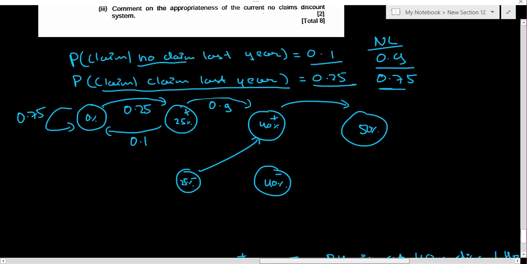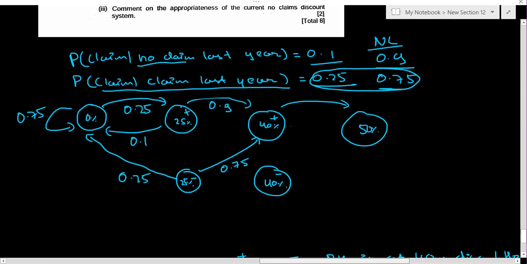That's how you have to remember it. So from 25% minus, you will move to 40% plus, and because minus indicates that you had a claim, these two probabilities apply. If you had made a claim last year, the probability of moving ahead is 0.75, and the probability of moving down to 0% would be 0.25, right? That is the probability of making a claim.